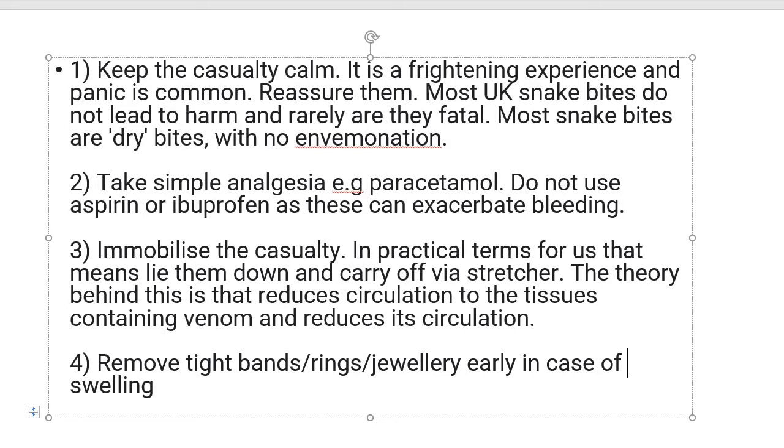Any sort of knock or bump or trauma or bite, and as soon as swelling happens in the limb, it can take time to reduce. So if you see someone with a limb injury, whether or not it's a snake bite, whether it be a break or a sprain or a fracture or a dislocation, it's probably good practice to get into the habit of taking off any jewellery that is downstream of that injury.